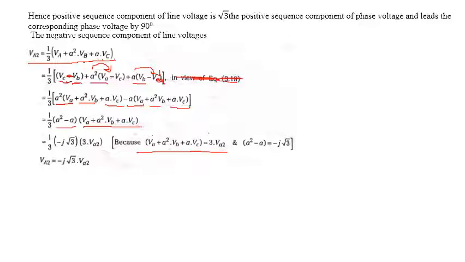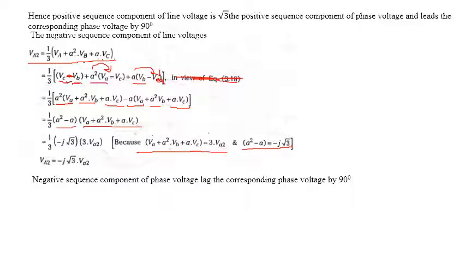We know that a square minus a can be written as minus j root 3. Substituting that, we get VA2 is equal to minus j root 3 times VA2. So this is the negative sequence component of the line voltage, which is going to lag the corresponding phase voltage by 90 degrees.